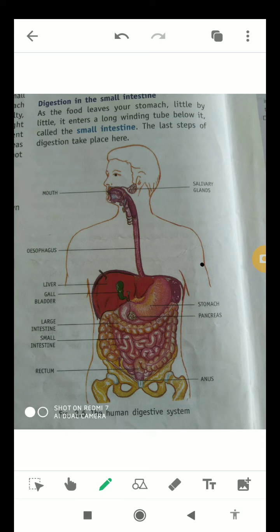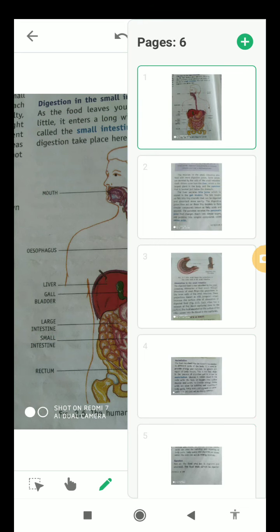Okay, in this diagram you can also see the salivary glands, which help in the digestion of the food. The pancreas is also present, and the liver is also present, it is a gland. Okay, now the next slide.